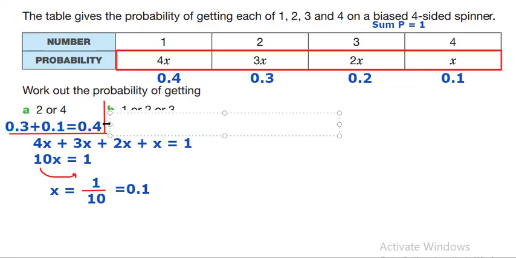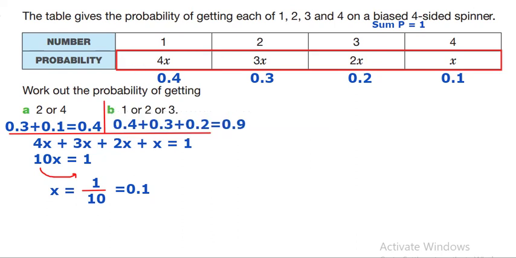So the probability of getting 1 or 2 or 3: 1, which is 0.4, plus 2, 0.3, plus 3, 0.2 equals 0.9. So the probability of getting these is 0.9, and this is how you answer a question like this.